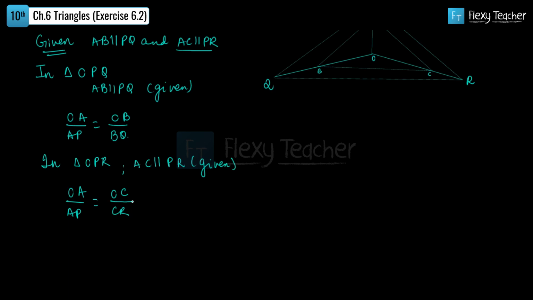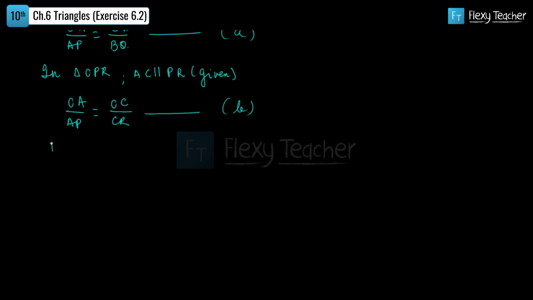Now from these two, this is A, this is B. So from A and B, we can say that OB upon BQ is equal to OC upon CR.